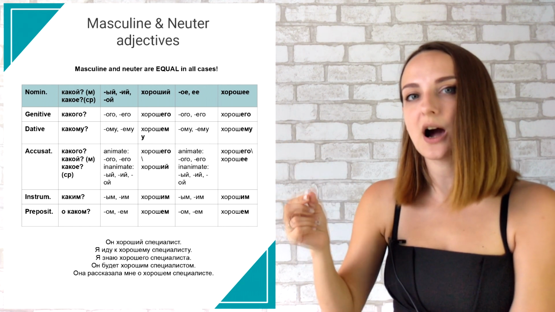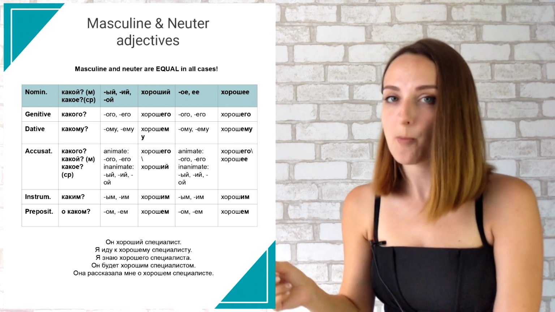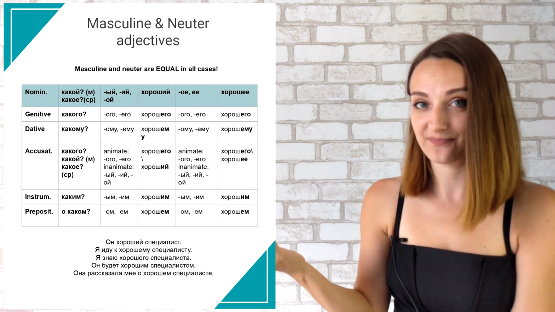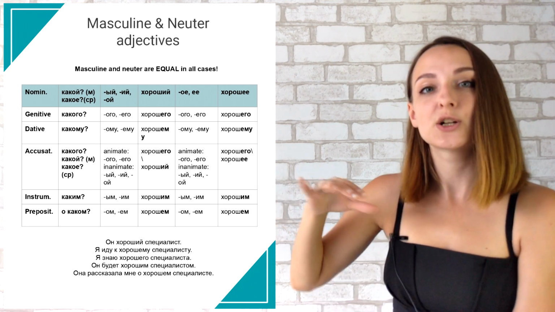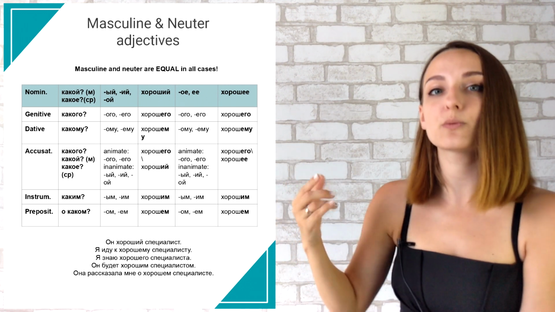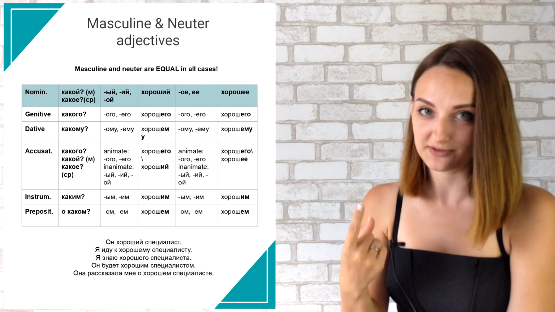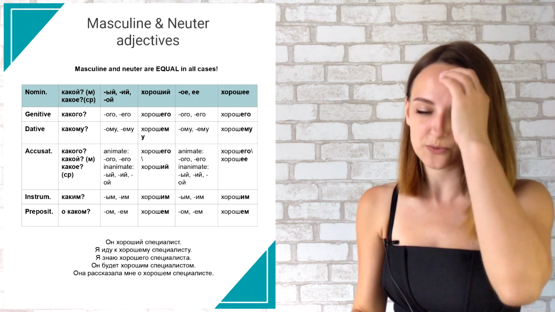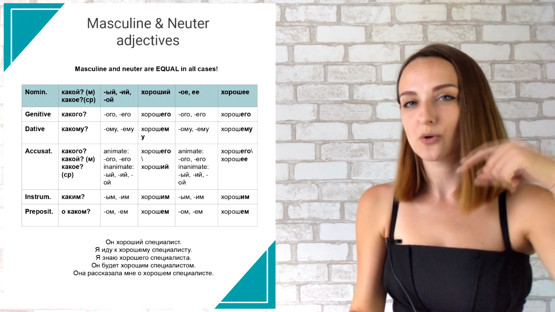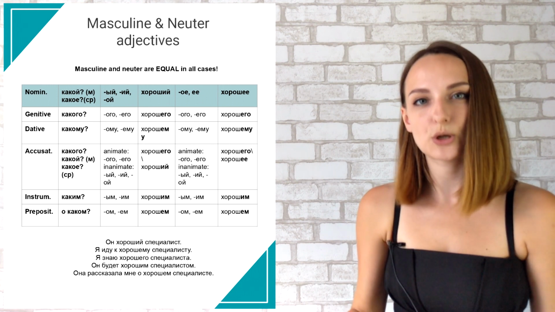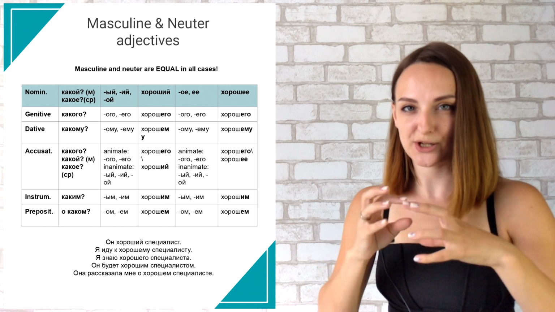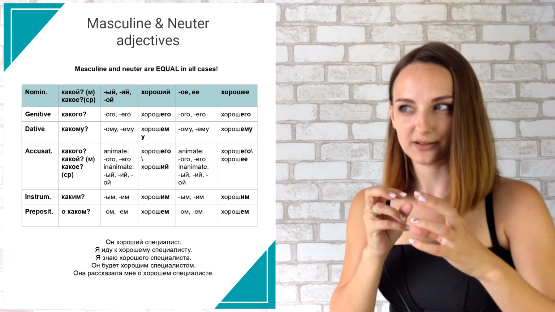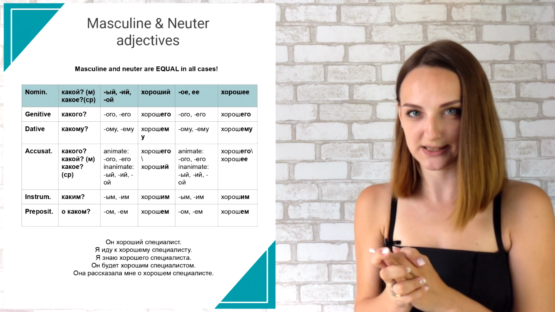Я купила хорошее мороженое, да? Мороженое is neuter inanimate, so I go back to nominative form and use it in accusative case, right? I hope you understand what I mean. If you don't, write in the comments under this video. I will try to explain it to you once again. Да?